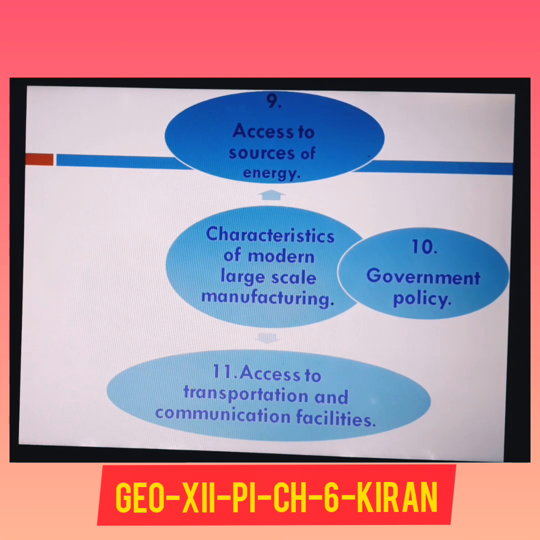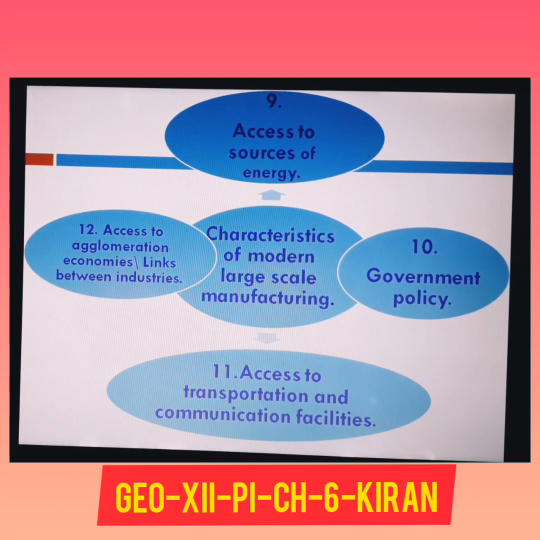Communication is also required. It may be telecommunication, satellite communication, and modern methods of communication. They are very, very important for the process of manufacturing. They play a very important role in the growth and development of modern large scale industries.